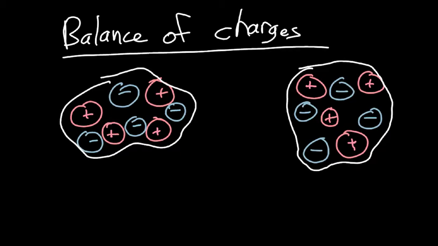And it gets attractive forces from every negative charge over here. So it gets 1, 2, 3, 4 attractive forces. Now this negative charge here gets 4 repulsive forces from each of the negatives over on this side, and 4 attractive forces from each of the positives over here. And so we start to see how there's this balance between those.